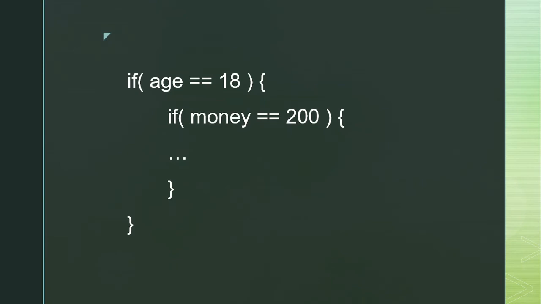Afterwards, if it is equal to 18, we want to check if another variable called money is equal to 200. And only if that is true, execute a certain piece of code.